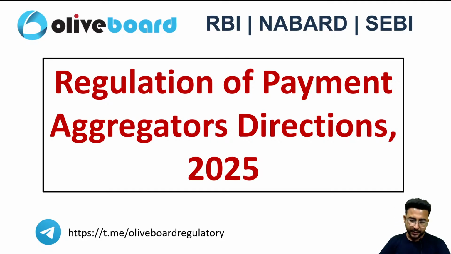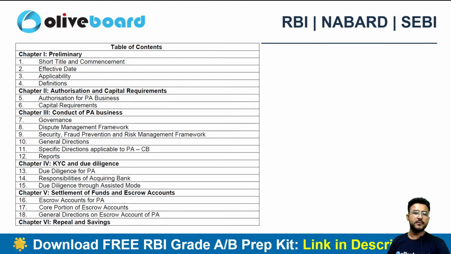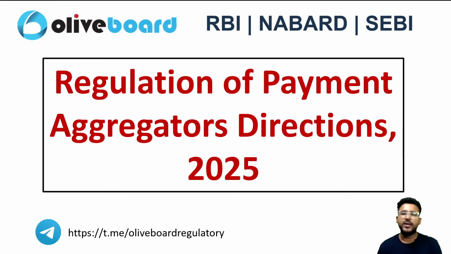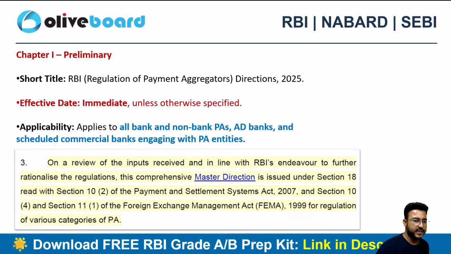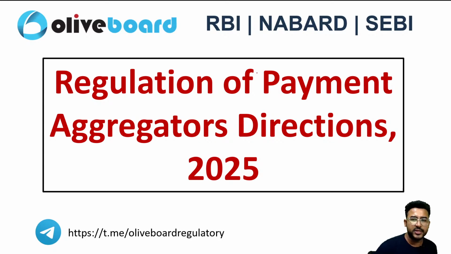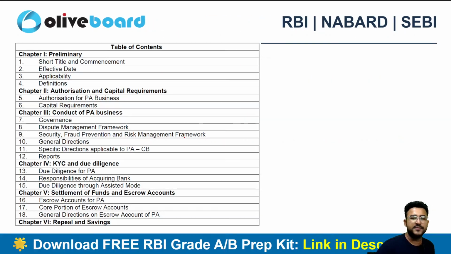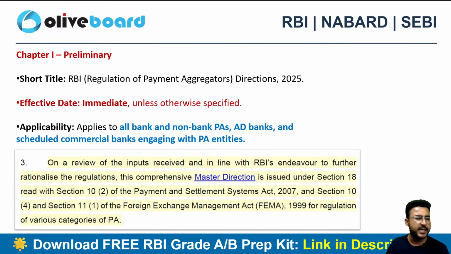Okay, let's start. Starting with the regulation of payments, again the most important things. This is regarding the regulation of payment aggregators. We have so many payment aggregators in India, and these guidelines state how to regulate them as a whole, right? The effective date is immediate.